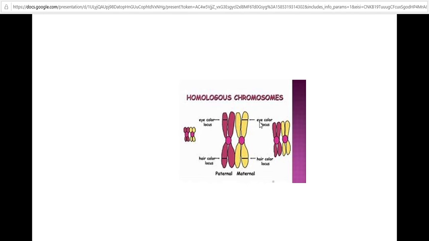For example, if this would appear as a banding in a karyotype, and this is the locus for, say, the eye color gene on the mother's chromosome, then the same locus on the father's chromosome would be the eye color gene. This applies to other genes too. For example, the hair color gene locus would be the same on the maternal and paternal chromosomes as well.